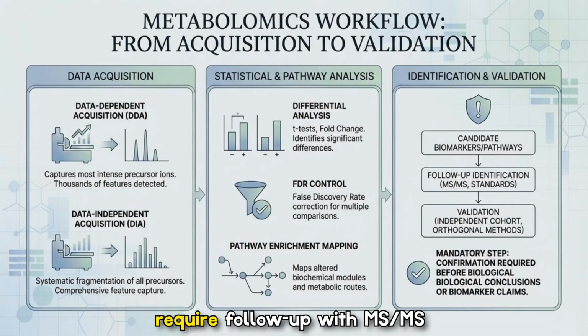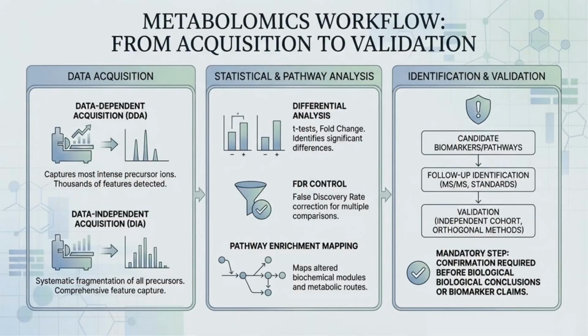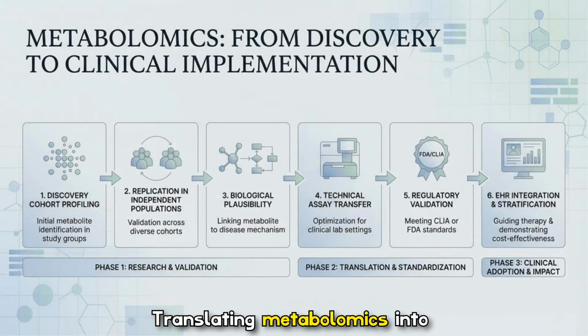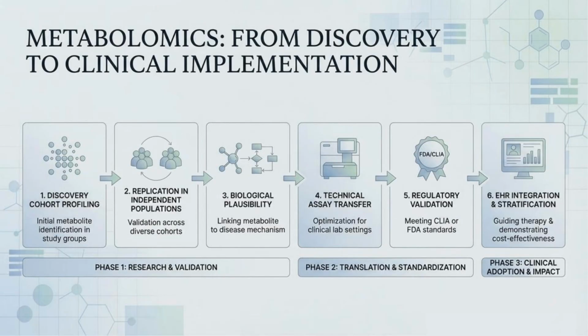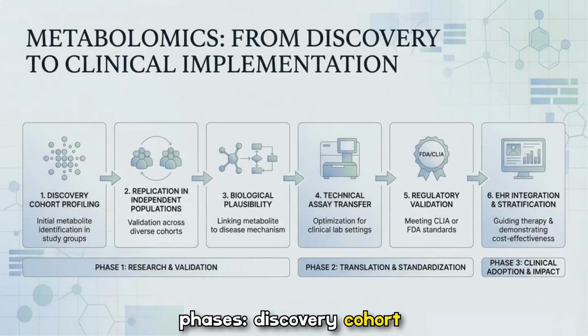Identification and validation require follow-up with MS and independent cohorts, because confirmation with orthogonal methods is mandatory before making biological conclusions or biomarker claims.